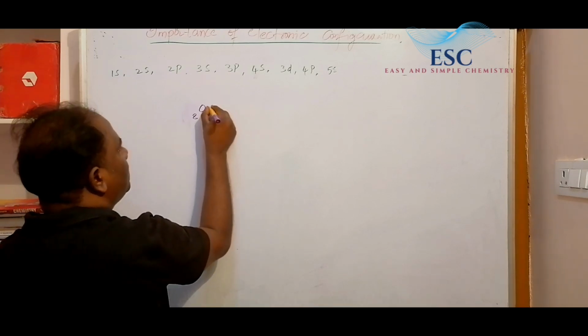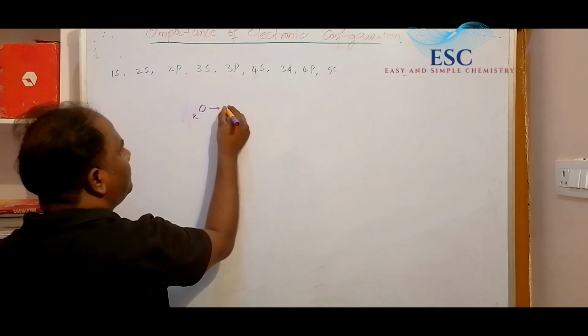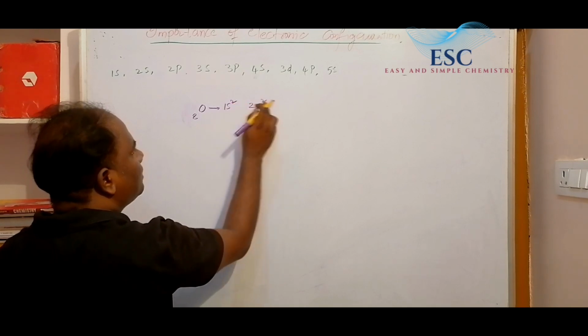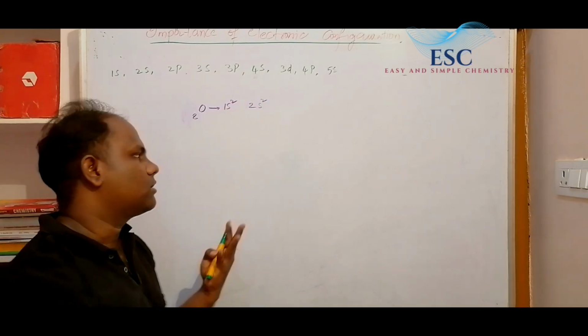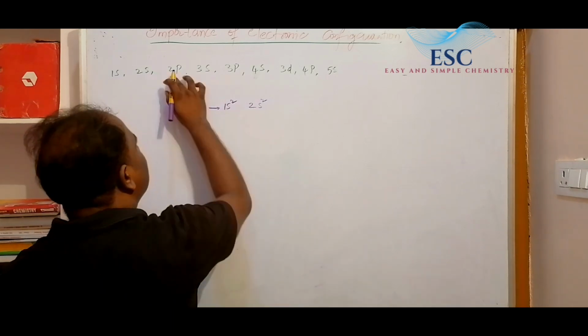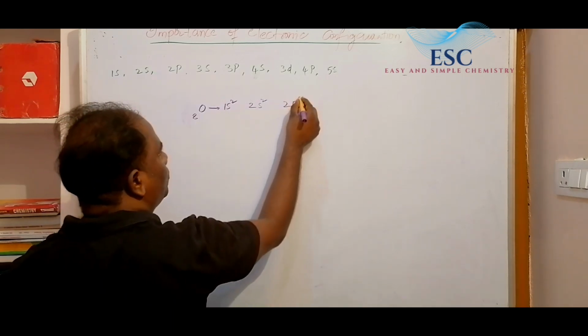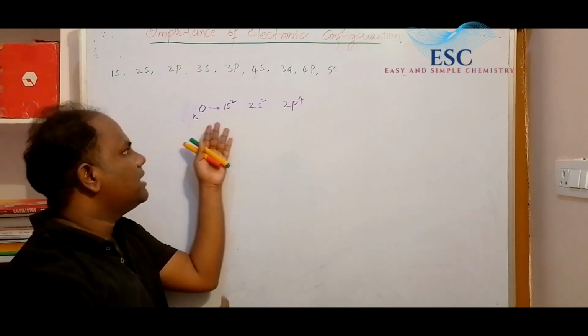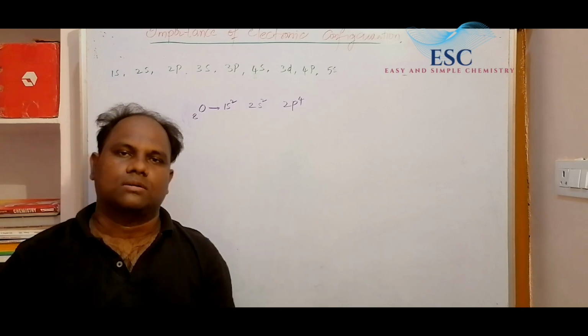How to write the electronic configuration of oxygen? Eight means 1s2, 2s2. How many electrons are completed here? 4. Eight minus 4, the remaining 4 electrons go in the p orbital, 2p4.